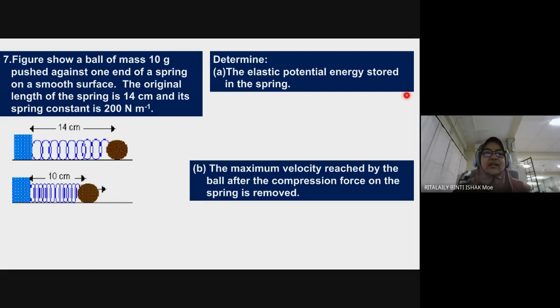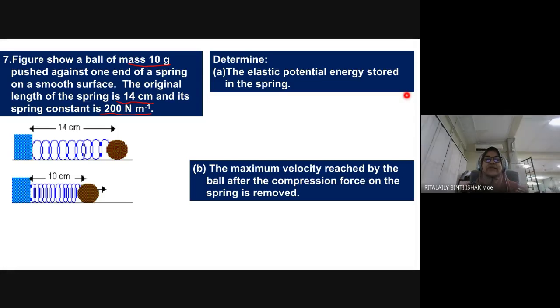The original length of spring is 10 cm. Okay, so this is the original length, this is the mass, and we are given the spring constant. And A, determine the elastic potential energy stored in the spring.